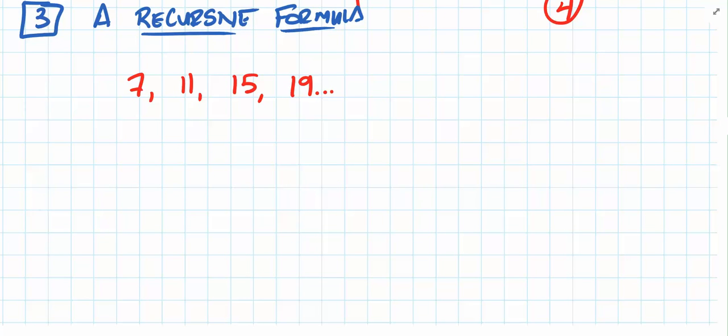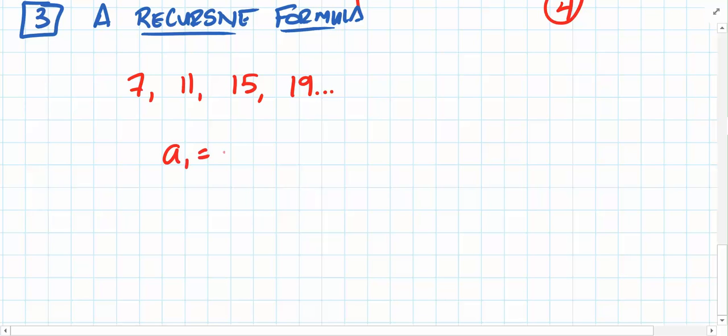So a recursive formula means that the sequence is built upon itself, meaning that if I know something about the previous term, I can then generate the next one. Okay, so if I was going to work this term, here's what I know, right? I know that a sub 1 is equal to 7.